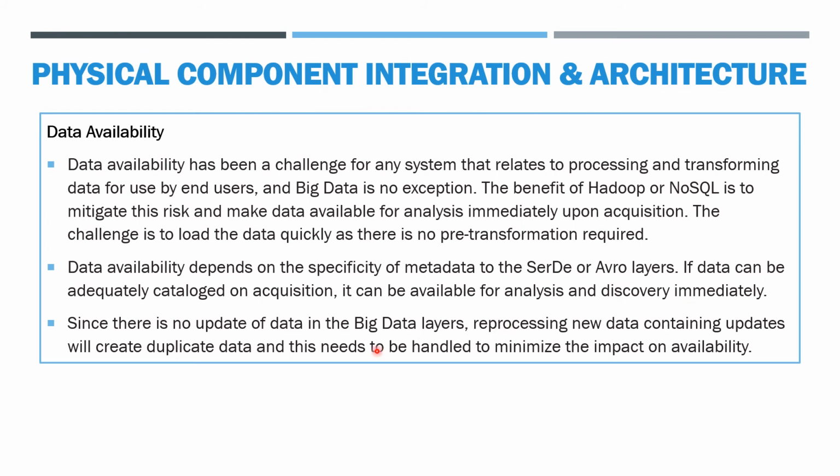If data can be adequately catalogued on acquisition, it can be available for analysis and discovery immediately. Since there is no update of data in the big data layers, reprocessing new data containing updates will create duplicate data, and this needs to be handled to minimize the impact on availability. So another challenge is the availability of data.